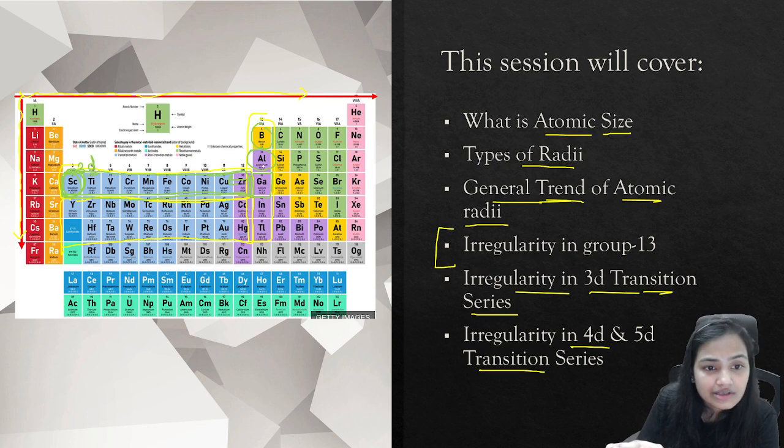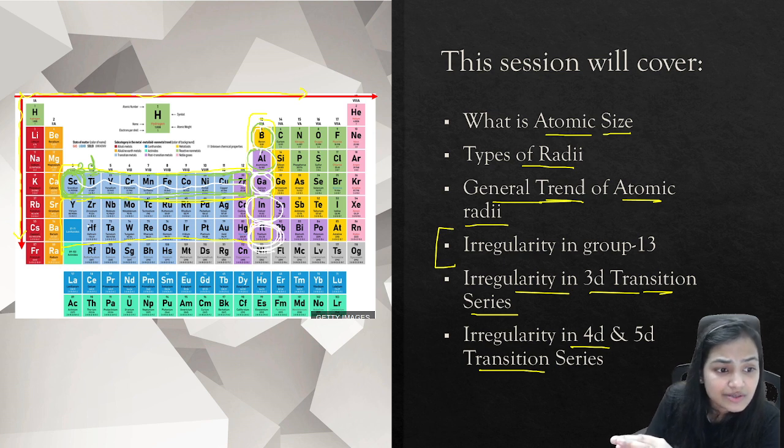Here, this is boron, this is aluminium, this is gallium, and the size decreases because of these 3d electrons. Here at indium the size again increases, but in the case of thallium, the size becomes the same. Why does the size become the same? Because suddenly there was a d series, but suddenly this f block series has entered.